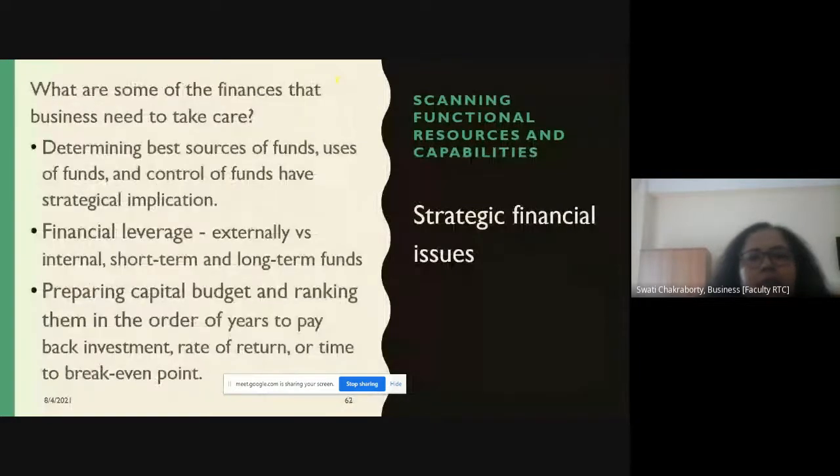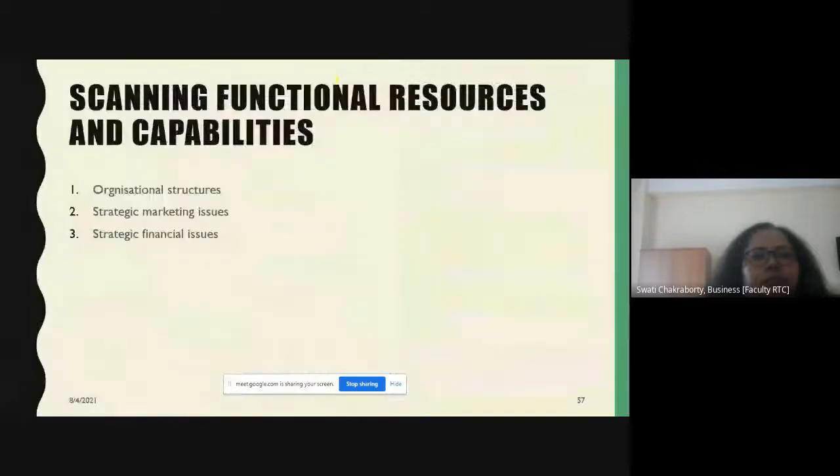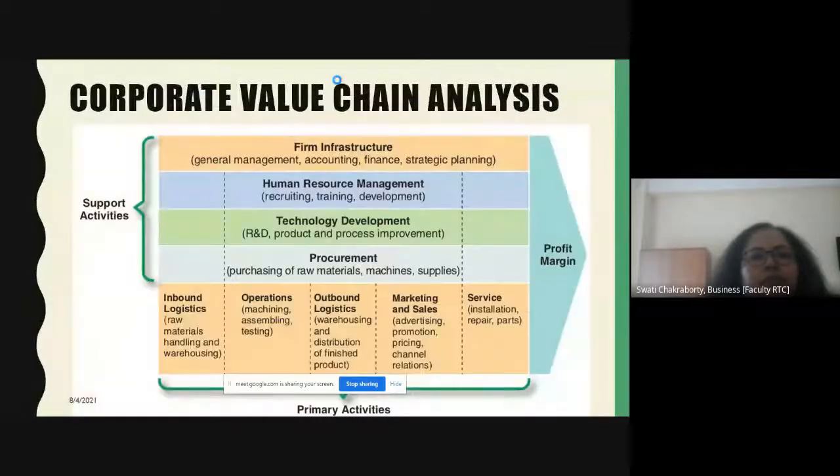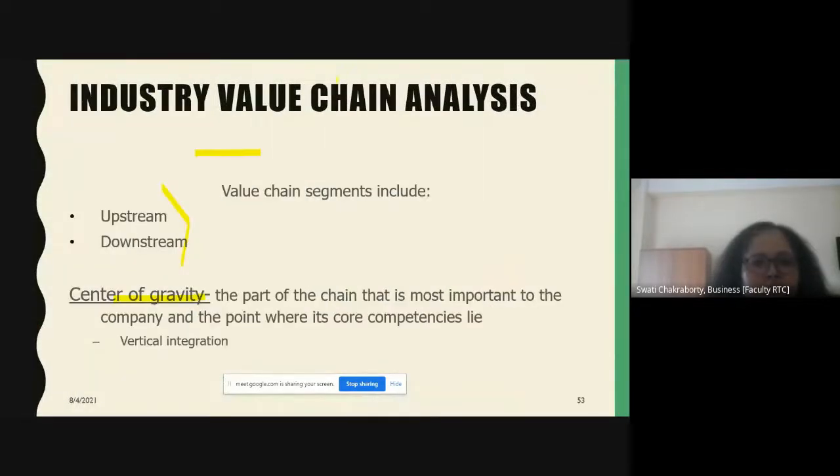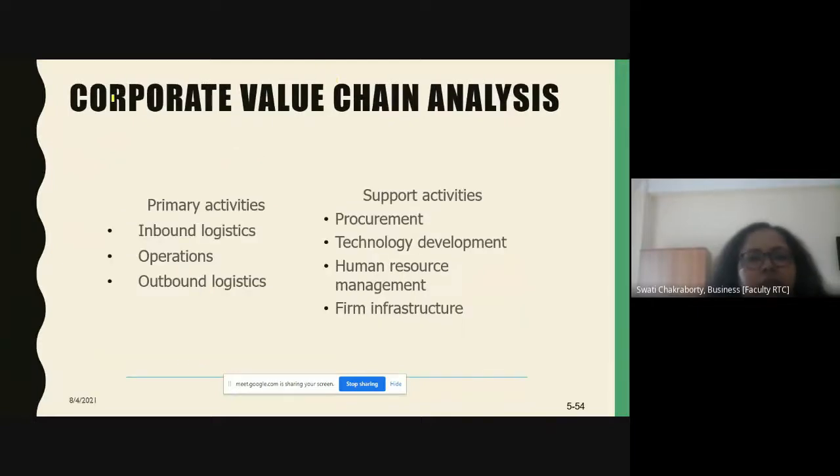Let's go back. Now, when we talk of corporate value chain analysis, we have two things: primary activities and support activities. Primary activities are the main factors, that is inbound logistics, which is raw materials coming in.